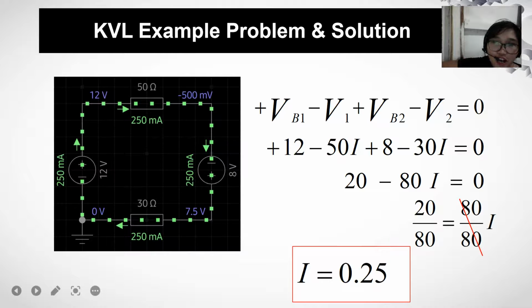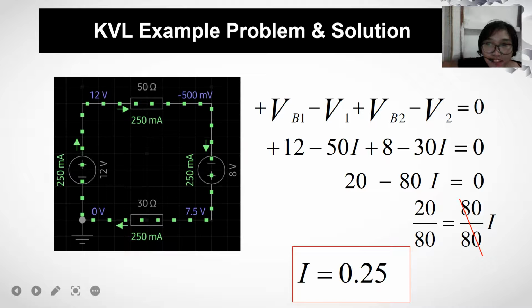So we have positive 12 volts minus 50 I plus 8 minus 30 I is equal to 0. 20 minus 80 I is equal to 0. If you're confused where the 20 is coming from, I added the two values of voltage because they don't have a variable.